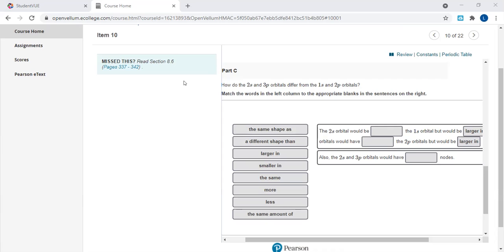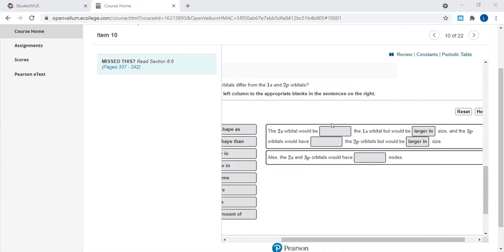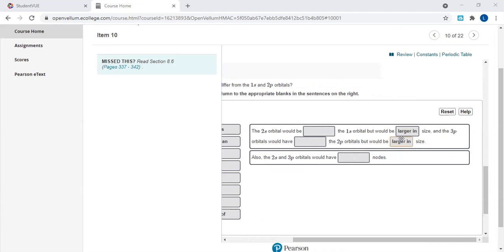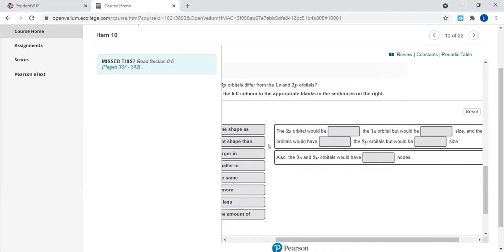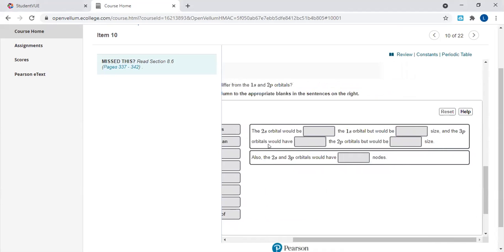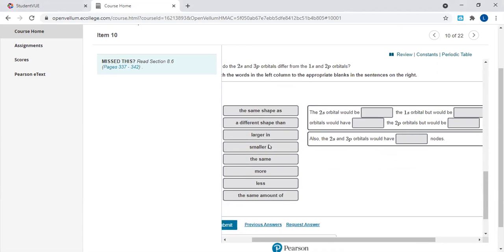Okay, so the 2s orbital, is it going to be here, scroll over so I can see the right. Okay. The 2s orbital should be larger than the 1s, right? Let's look at our choices. The 2s orbital is the same shape as a 1s orbital, but it's going to be larger.